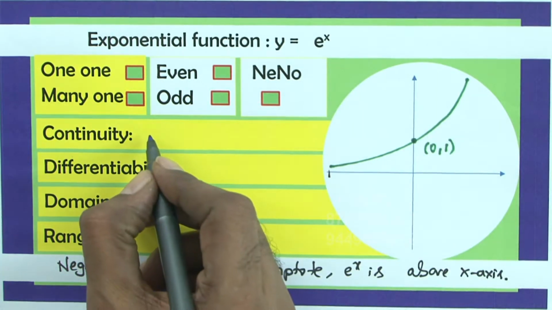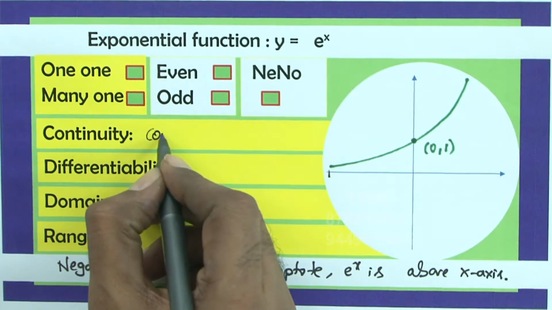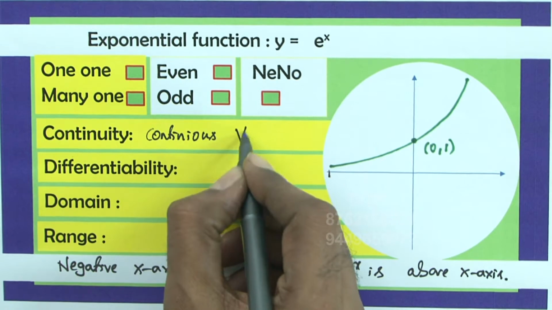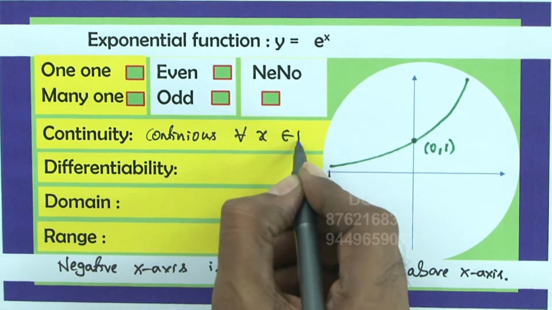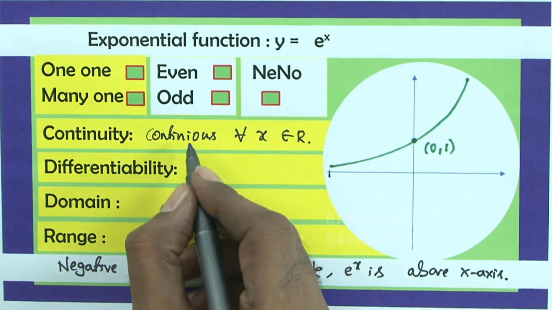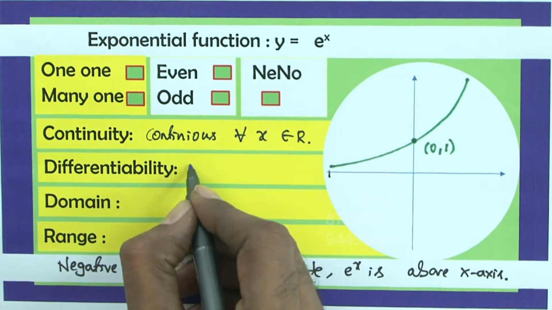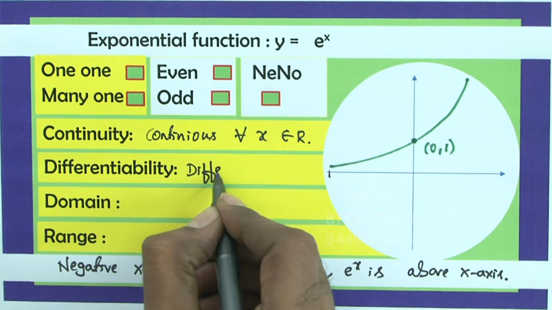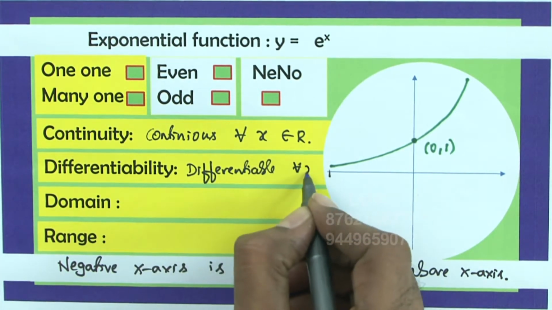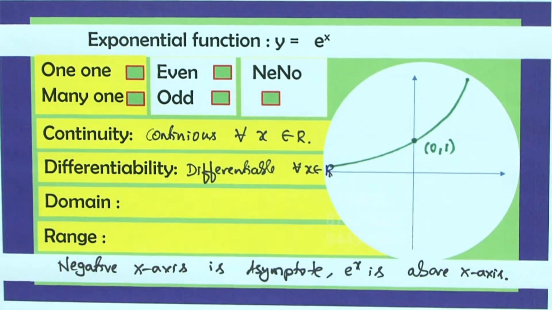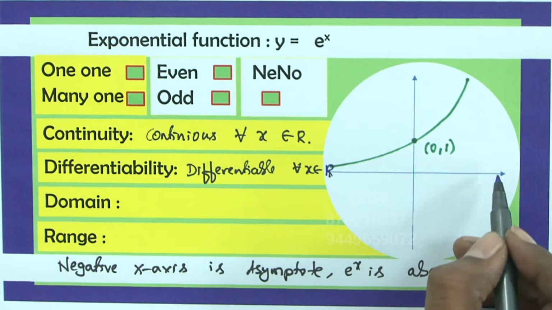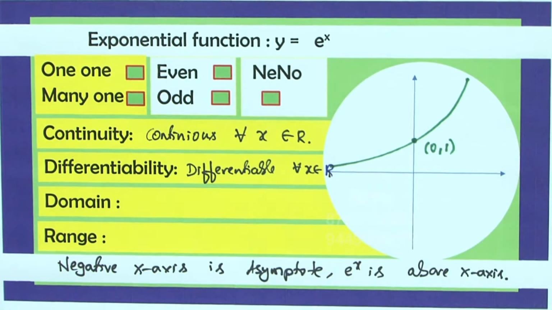So continuity means continuous for all x belonging to the set of real numbers, and of course differentiable for all x belonging to the set of real numbers. Domain means, you can see, dear students, it starts from minus infinity, goes up to plus infinity.